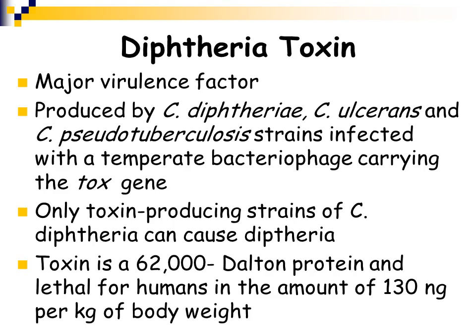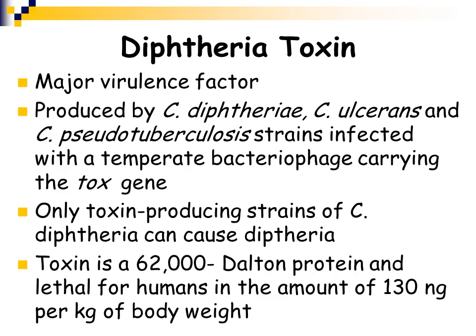The diphtheria toxin is the major virulence factor produced by the Corynebacterium diphtheriae organism. This toxin is of course produced by Corynebacterium diphtheriae, but it is also produced by a couple of other species of Corynebacterium, such as Corynebacterium ulcerans and Corynebacterium pseudotuberculosis.